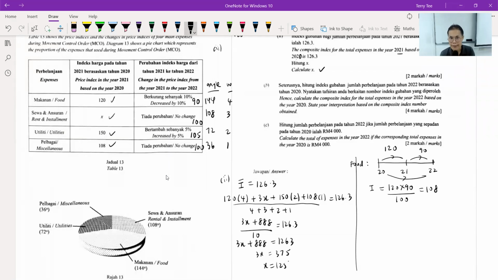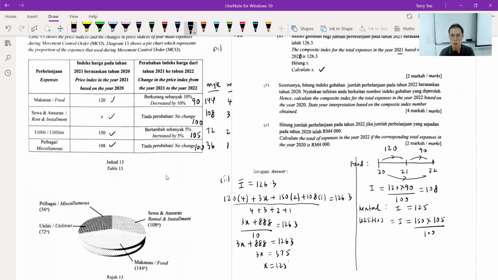For rent, it's not going to be any different because 100 over 100 is the same. So your rent remains as X, which is 125. Utilities increased by 5%, so the index is 150 times 105 over 100.